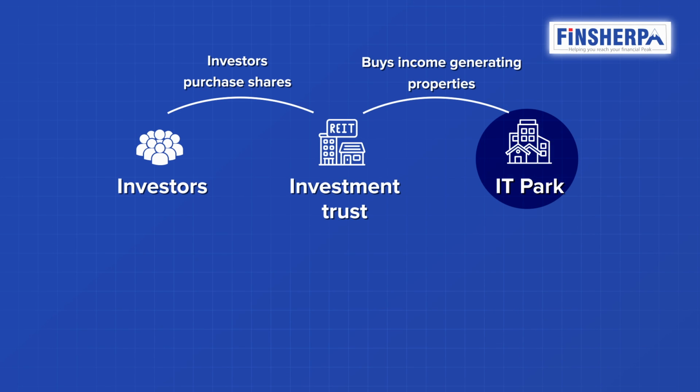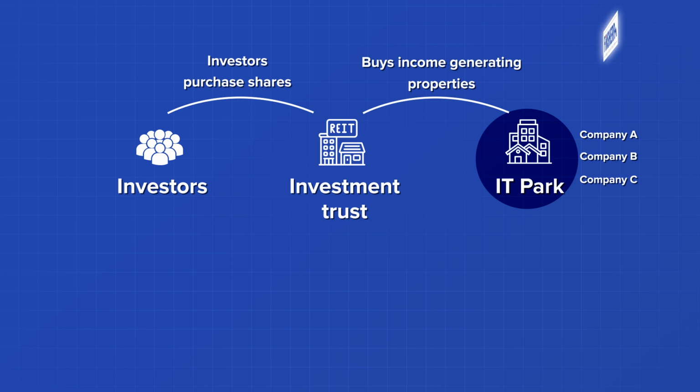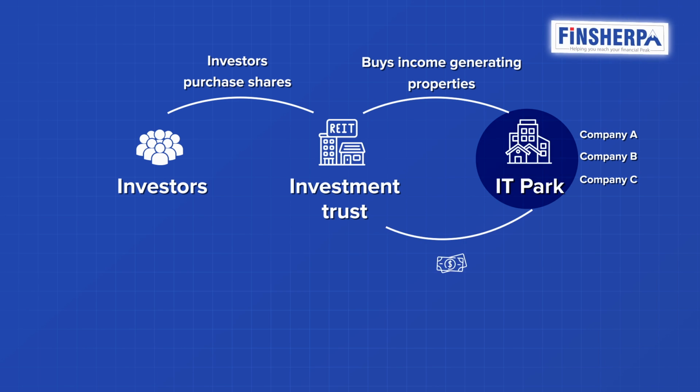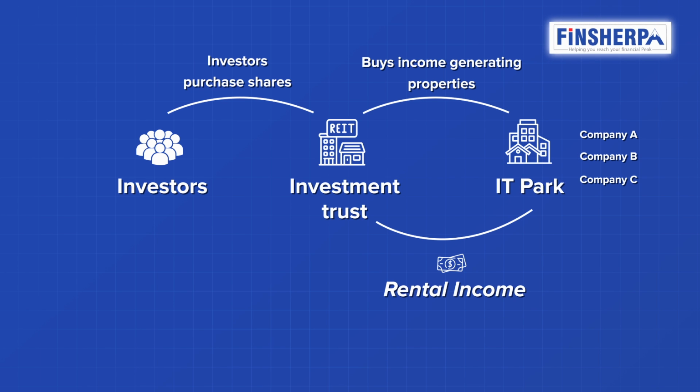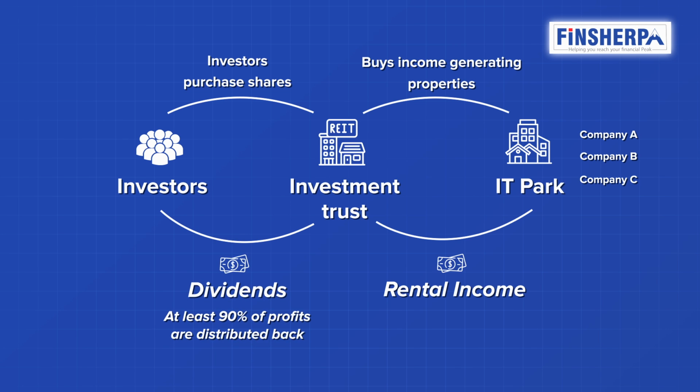Now the IT park has tenants, which are the IT companies which are using the facilities of the IT park, and in return are paying monthly rental to the IT park. Now 90% of all the receipts of the REIT then gets distributed among all the unit holders. That's really the principle, the funda of a REIT.